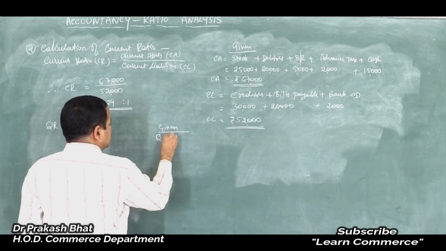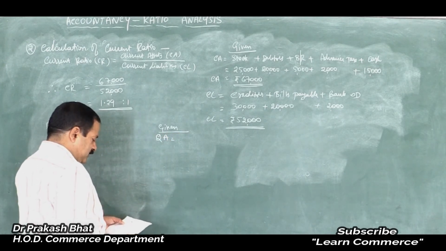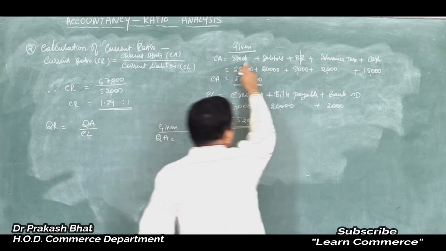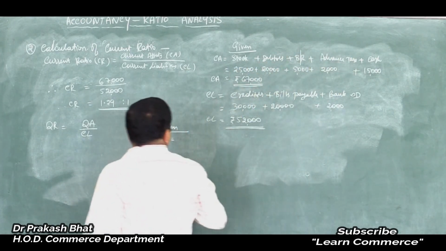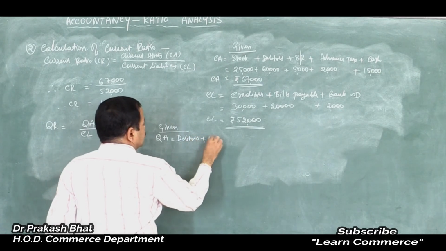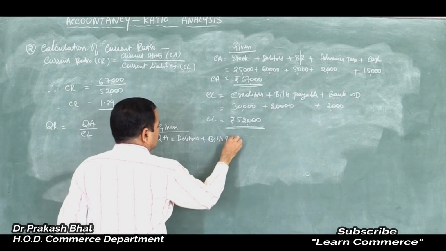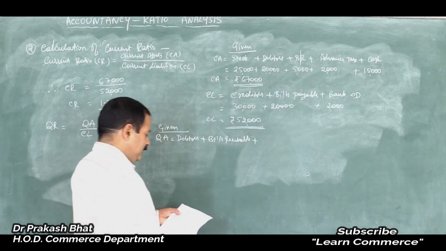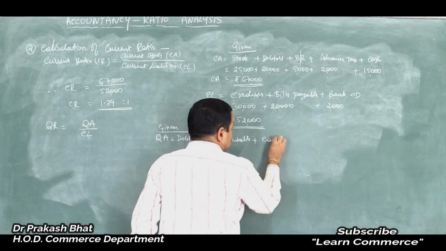Quick assets is equal to what are those? Debtors, bills receivable and cash. That's all. Stock will not come here. Just debtors, bills receivable and cash, right? That's all.